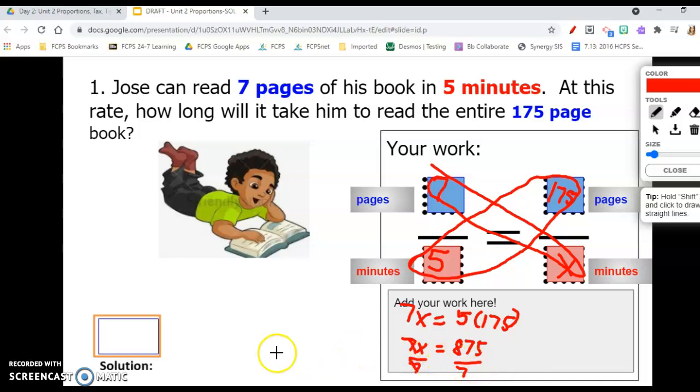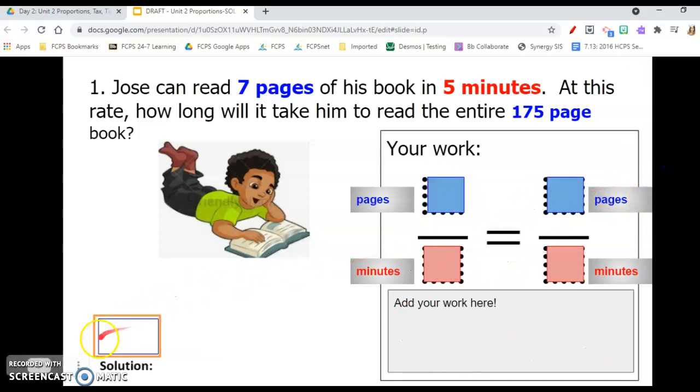And x equals 125. So if I wanted to write my solution over here, it takes him 125 minutes to read the entire 175-page book.